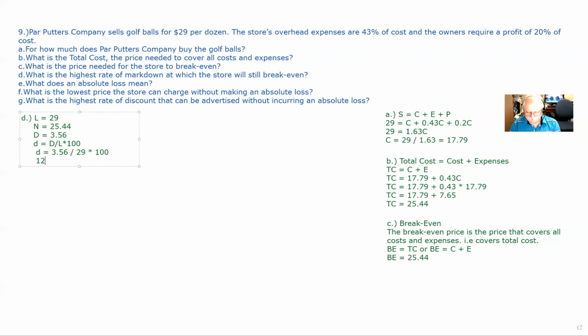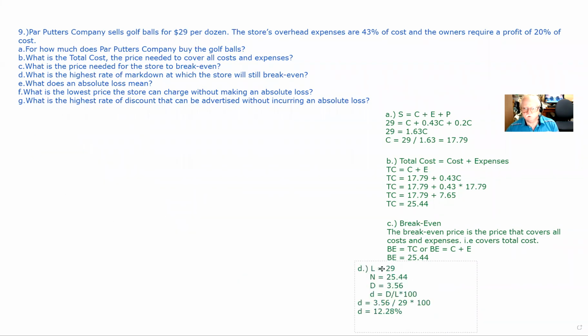I'm getting 12.28%. So that's what we'd be reporting as the highest rate of markdown they could have, and they'd still break even, would be 12.28%. So we can hide that down here and look at the next concept.